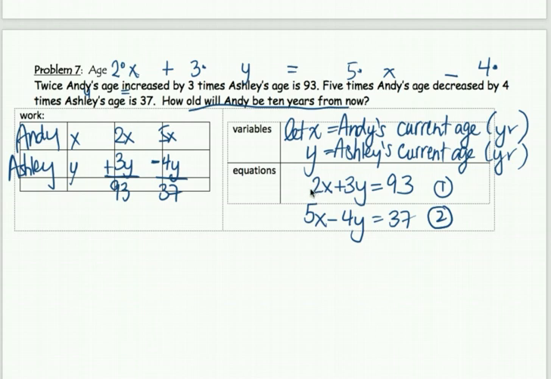I can't multiply 2 by anything to get to 5, and I can't multiply 3 to get to 4. So we're going to have to multiply both equations up to the same number in order to eliminate.